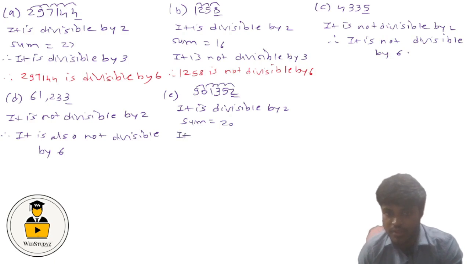Since the sum is not divisible by 3, the number is not divisible by 3. And since it is not divisible by 3, we can say that it is not divisible by 6.